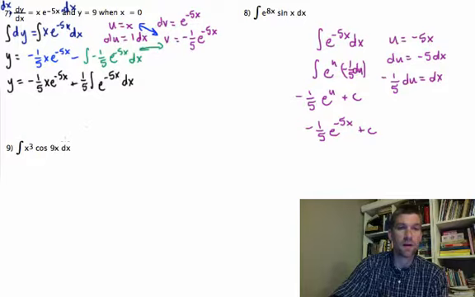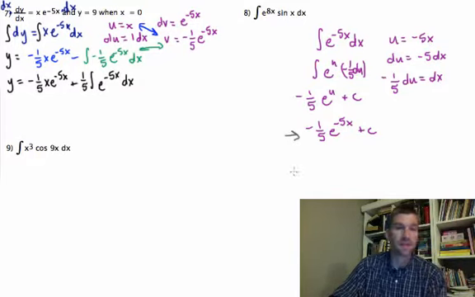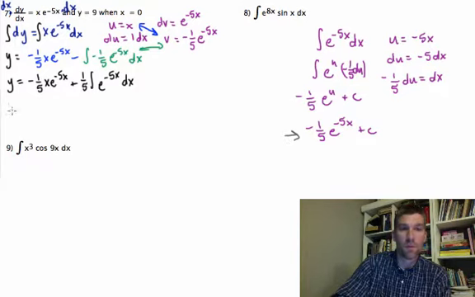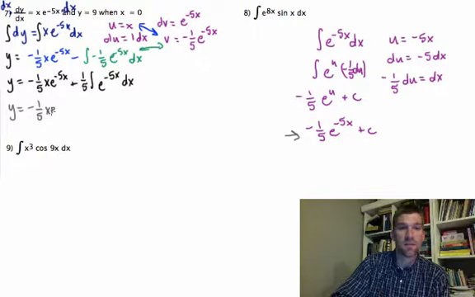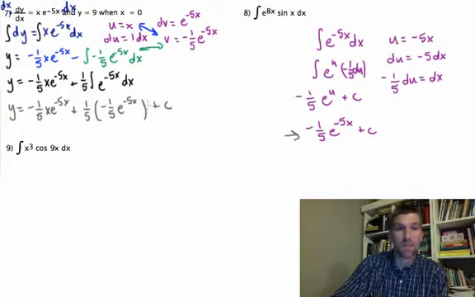The cool thing here is we've already integrated e to the negative 5x. That's right there. So when my next step is performed, that first part stays the same. But now I have 1/5 times negative 1/5 e to the negative 5x plus the c now.